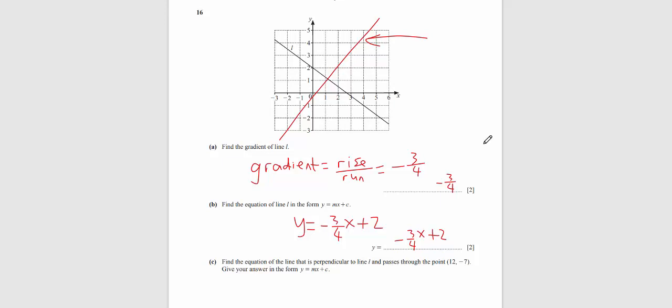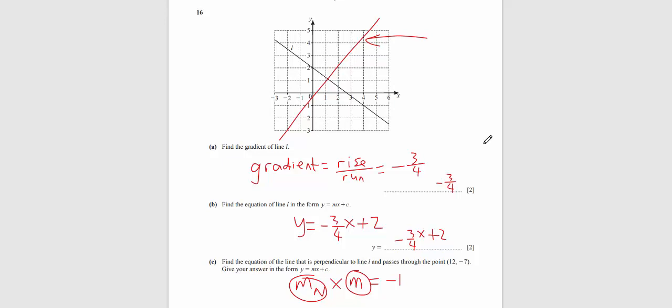Okay. So the gradient of the perpendicular line, let me call the perpendicular line mn. So the gradient of the perpendicular line times the original gradient, they always equal to negative 1. Okay, so this is the common formula.